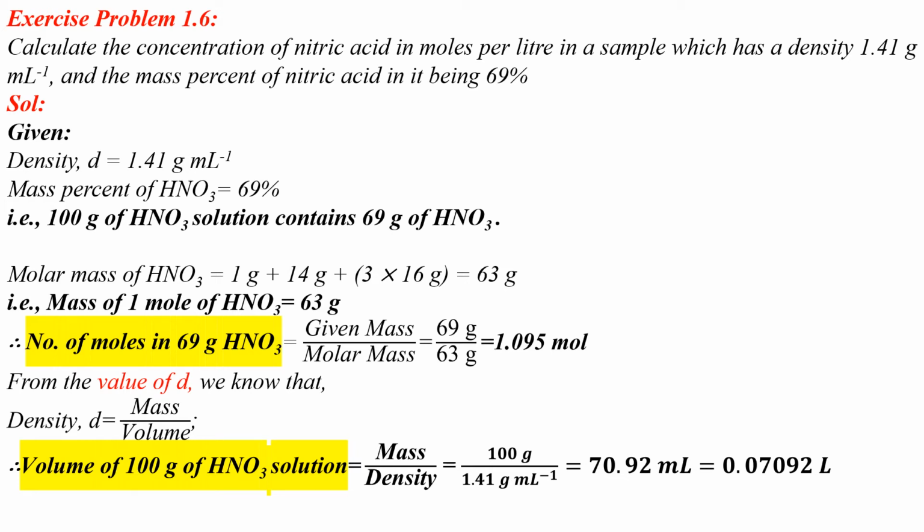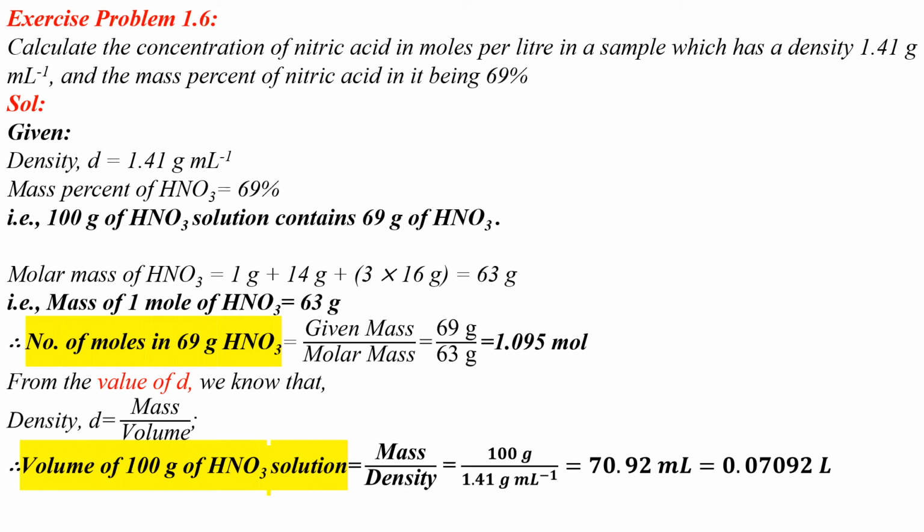Then 69% is the mass percent of HNO3, which means there are 69 grams of nitric acid in 100 grams of solution. So in order to calculate the molarity, we must know the number of moles of nitric acid present in this 69 grams of nitric acid.